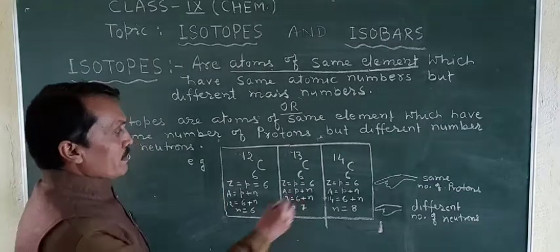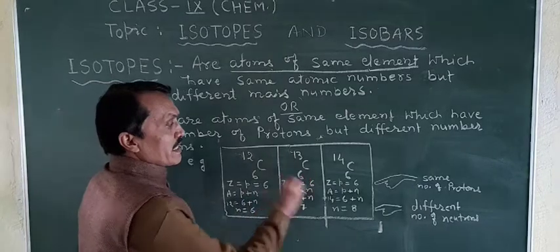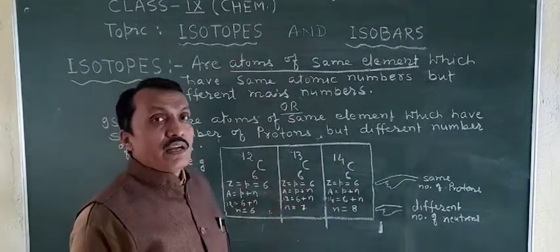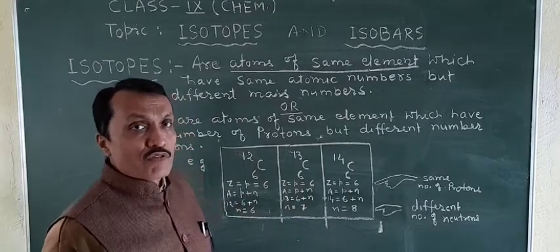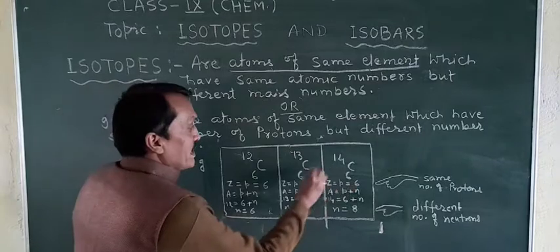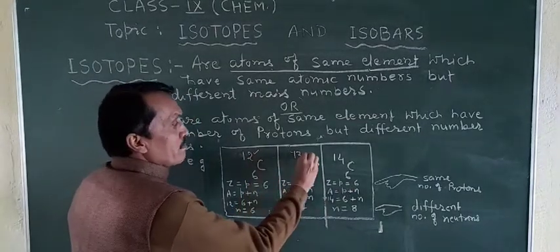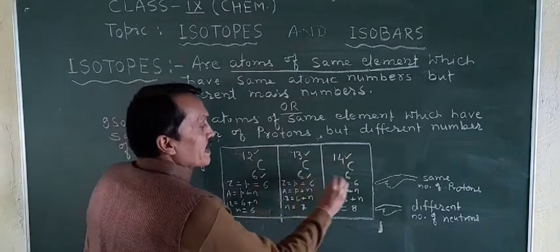For example, C12, C13 and C14, all these three are isotopes of the carbon element. Students, all these three atoms have different mass numbers but similar atomic numbers.